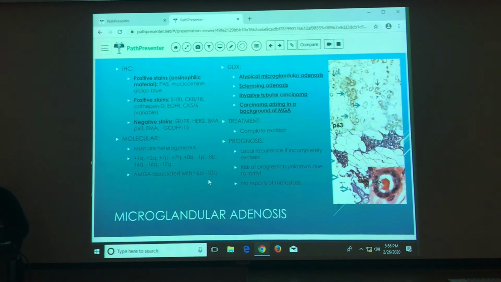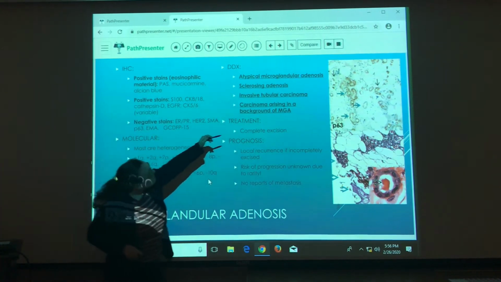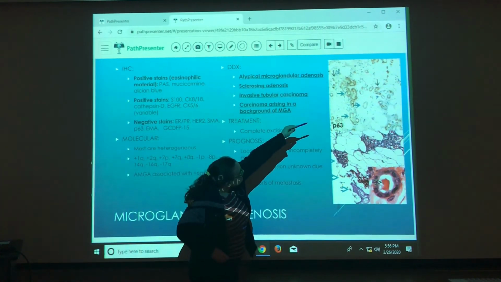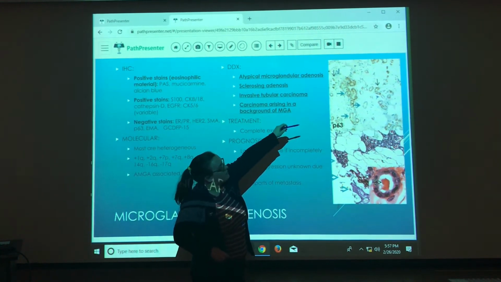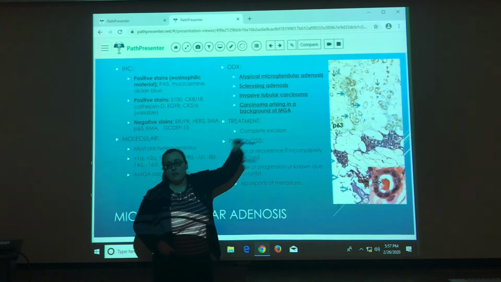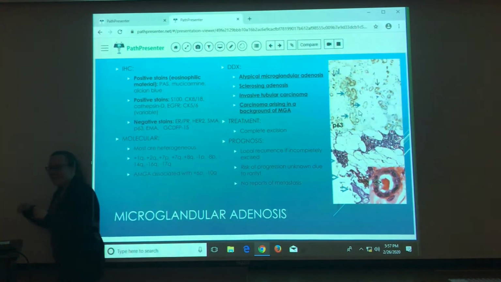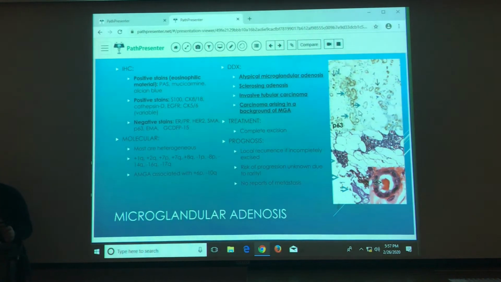So what you can see in here, the black arrows are your normal glands, and the blue arrows are pointing towards the MGA. You can see how it just trickles in there and can make life very confusing.